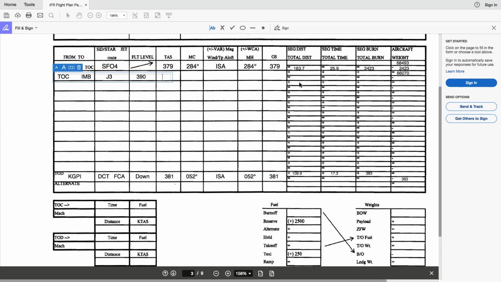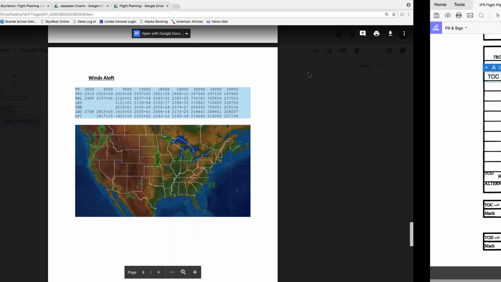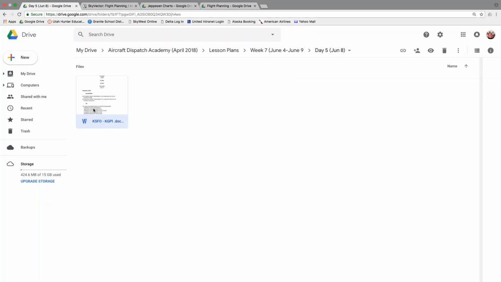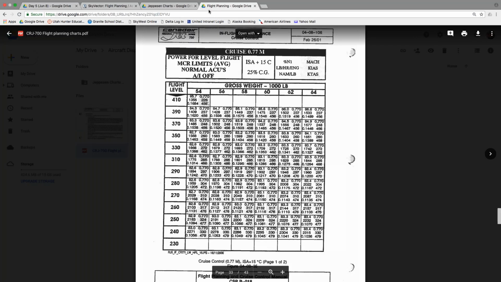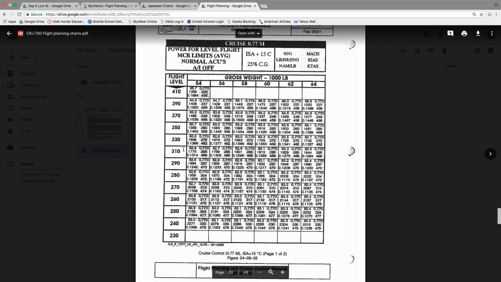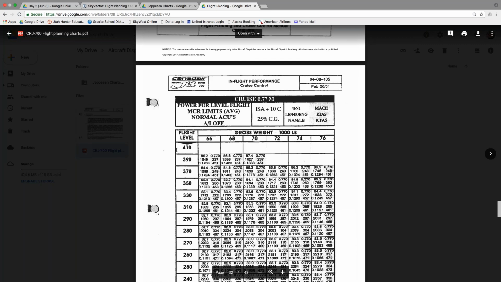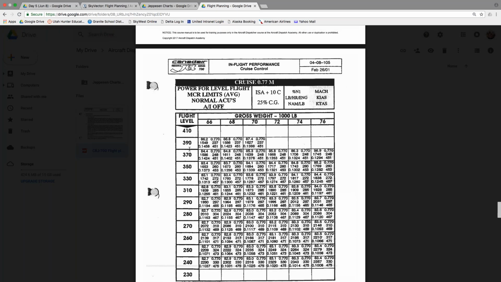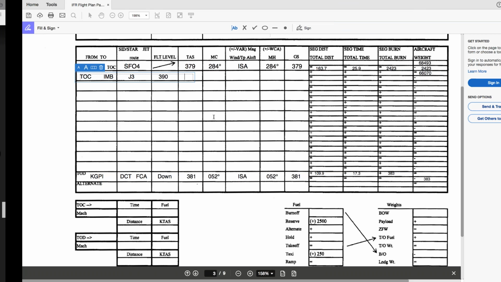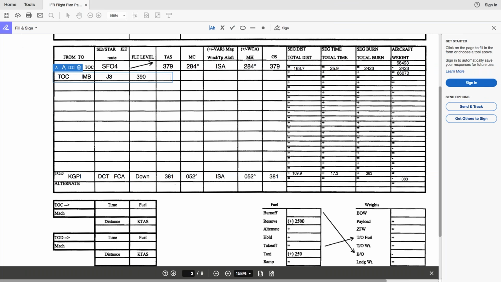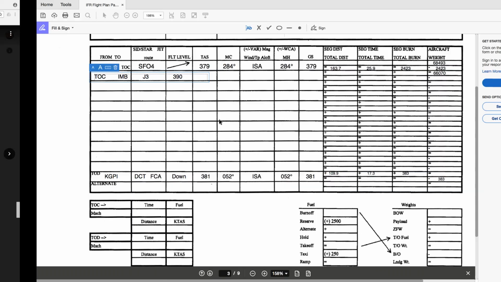Okay, so the true airspeed that we're going to pull off of our chart, I'm sorry, got to go back to my charts. We know that we're using the ISA plus 10 chart. At top of climb, we were at 66,000 pounds.